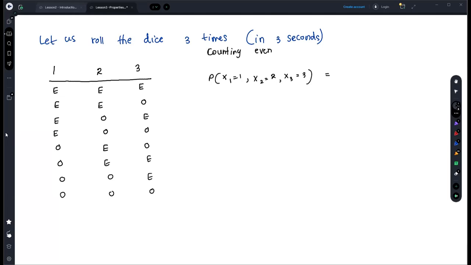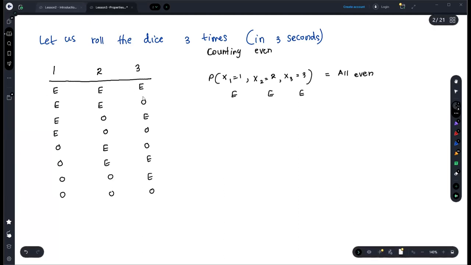When it is the second roll, number of evens is 2. In the third roll, number of evens is 3. When is this possible? You get all even values. And what is that probability? This is E. So first we have 1, next one another even, so 2. At the third, 3 even numbers, 1, 2, 3. So x3 equals 3. So what is this probability? You have E, 1 possibility out of 8. So that probability is 1 over 8. Is that clear? Right? 1 over 8.